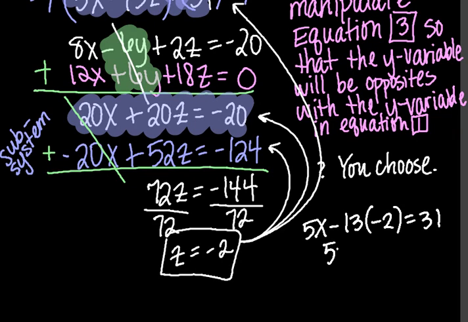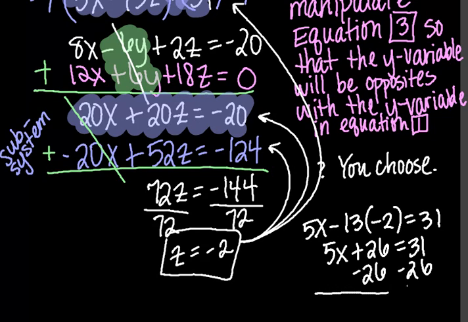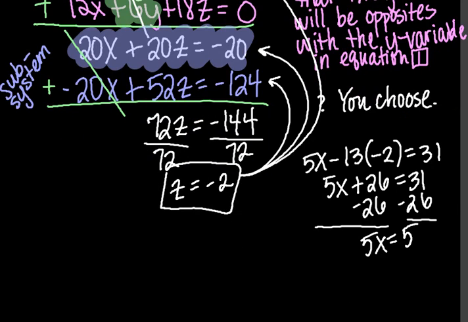What's negative 13 times negative 2? Positive 26. And what do I do next? Leaving me with 5x equals what? And divide by 5. What is the value of x?